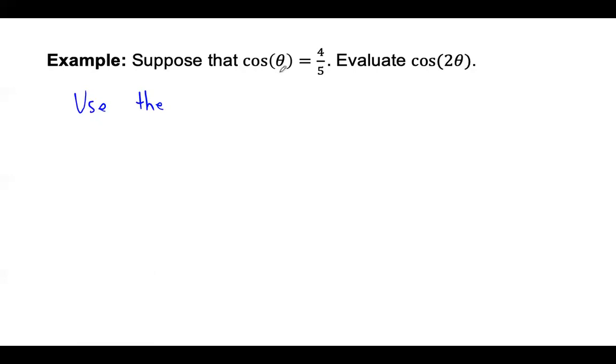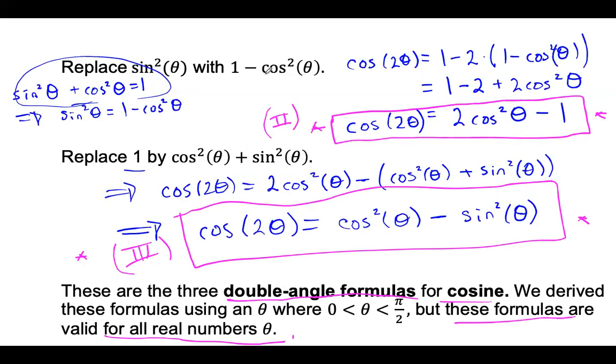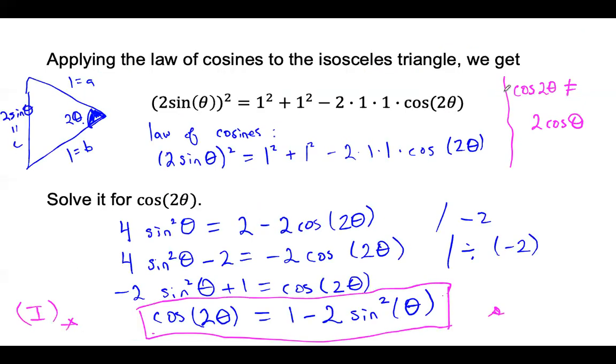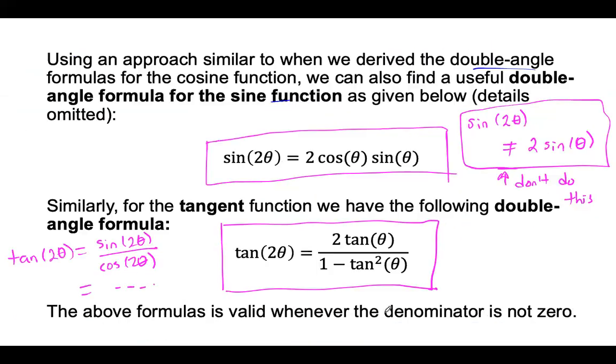Well, we're given cos. So the third one has cos and sine, the second one is just cos, and the first one is a function of sine. So you would pick, therefore, the second formula.